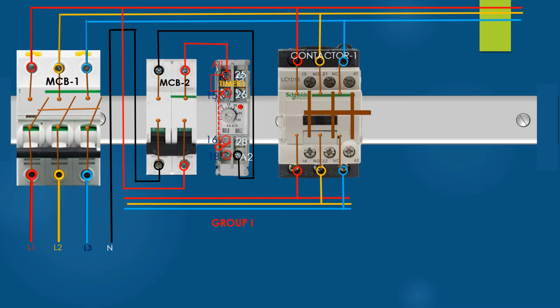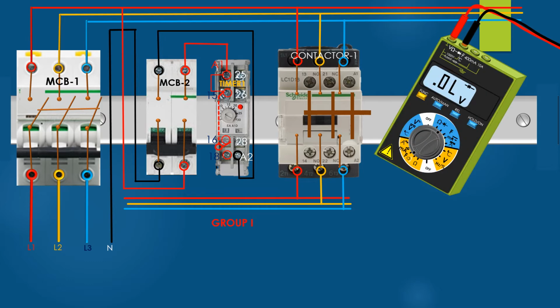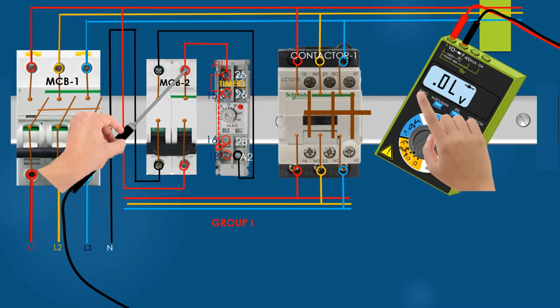We can check the continuity between 15 and 16 by using the multimeter. Please listen to the continuous beep sound and look at the multimeter screen.